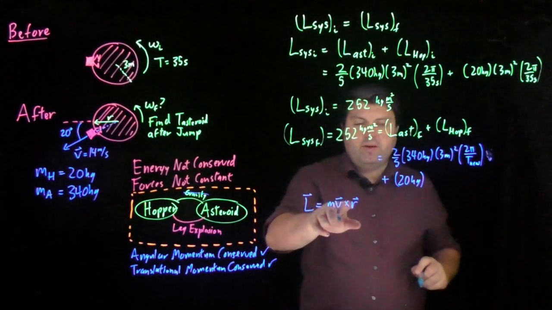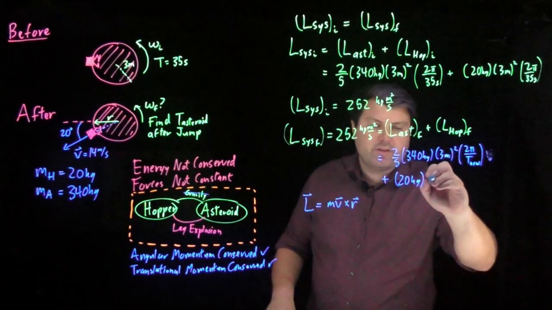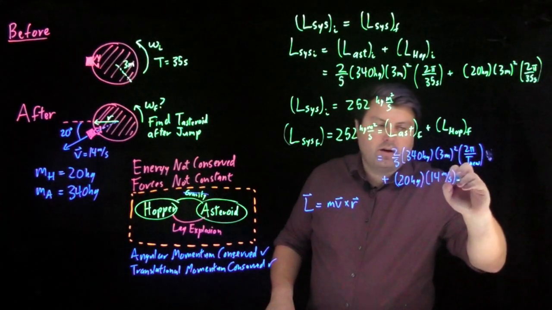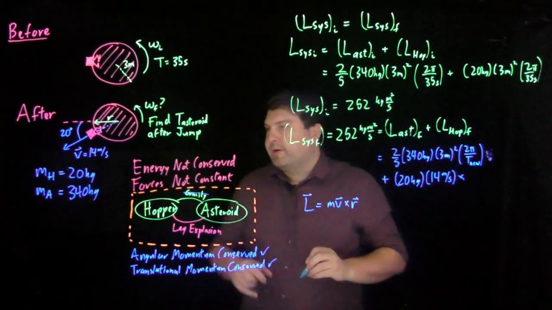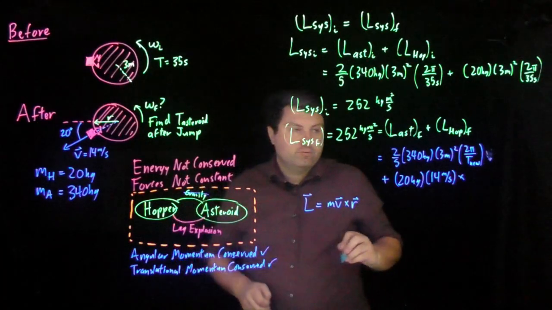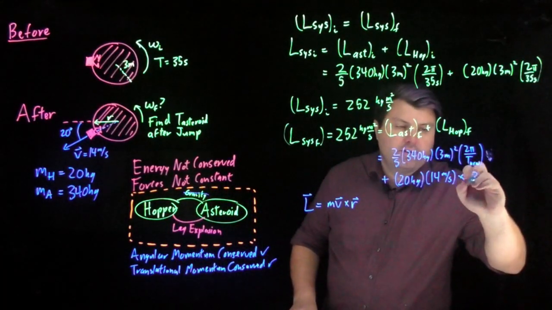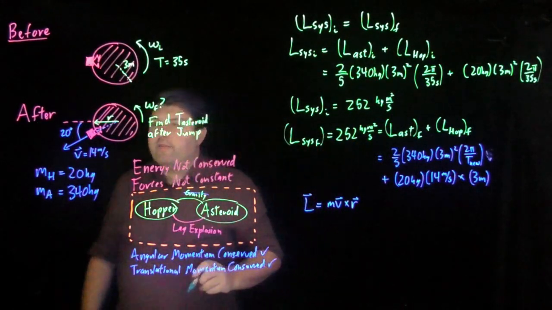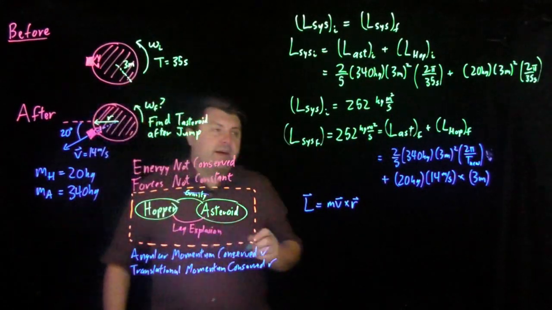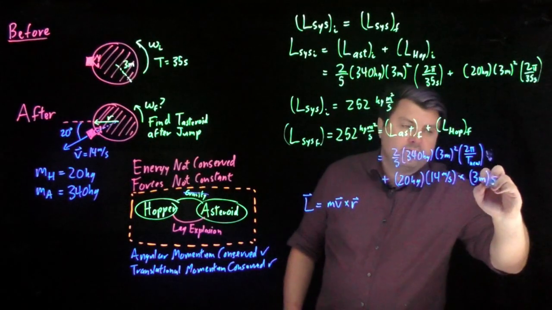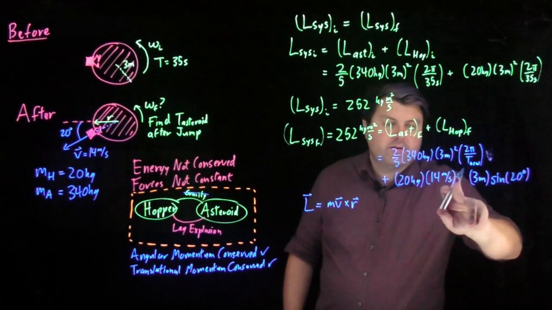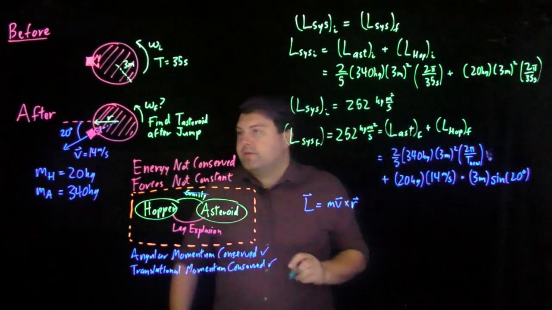So we've got m, and then our v is 14 meters per second, crossed with our r, which is 3 meters. Then we would take the sine of the angle between the two, sine of 20 degrees.